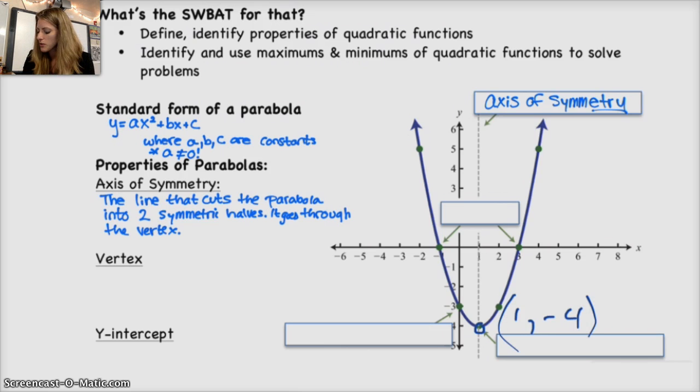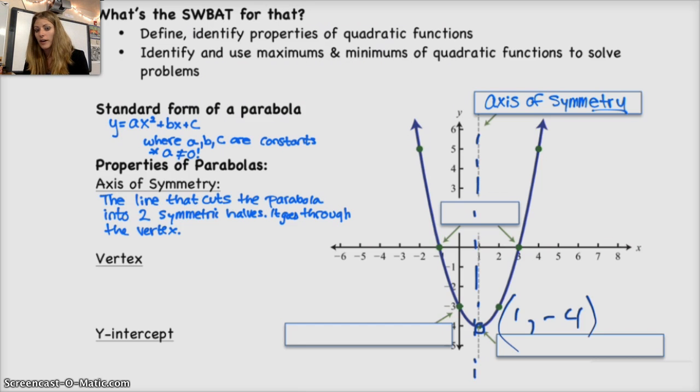The axis of symmetry goes through the x value of the vertex, which is 1. And so the equation of that line is just x equals 1, because x equals 1 creates that vertical line, because no matter what y is, x is always 1.